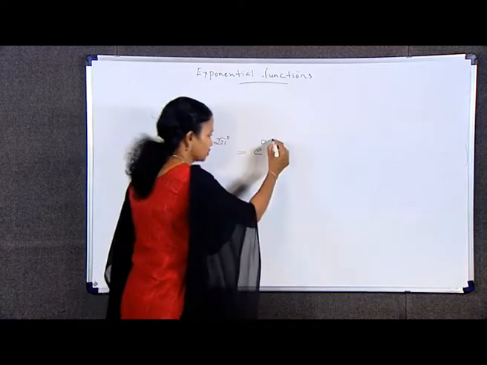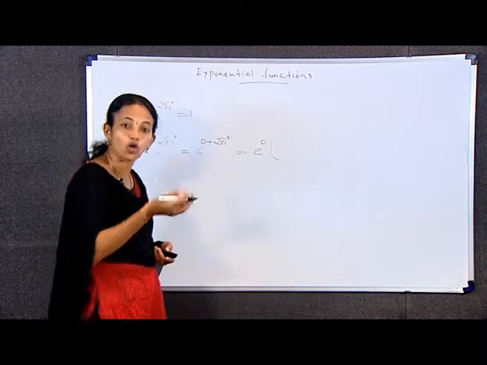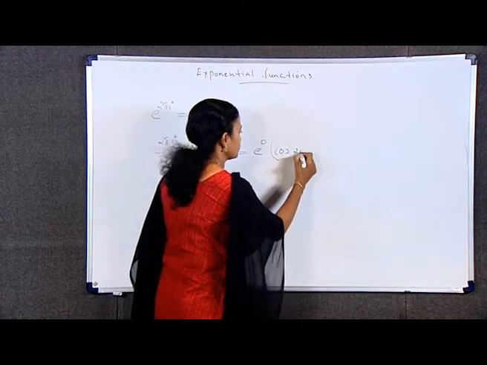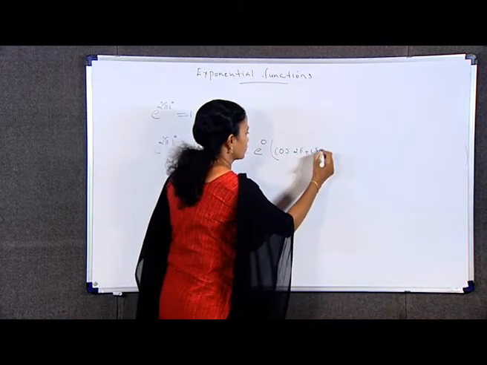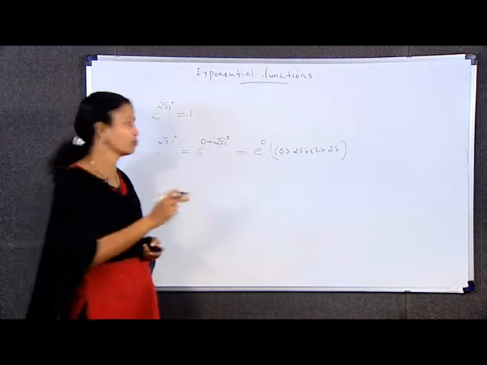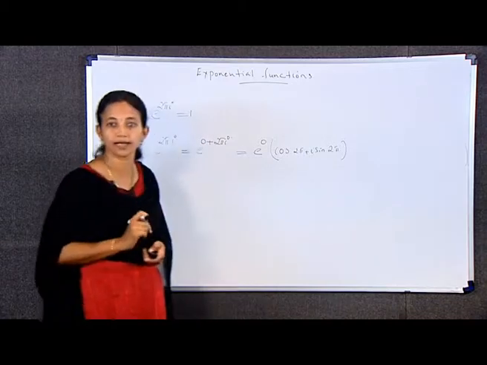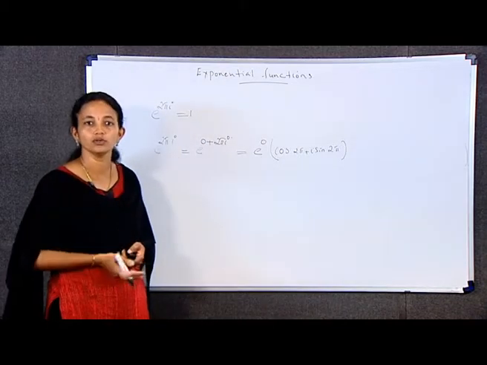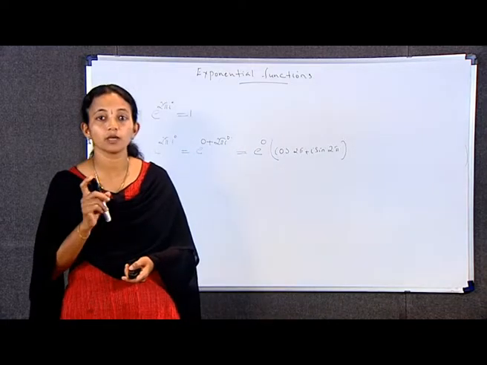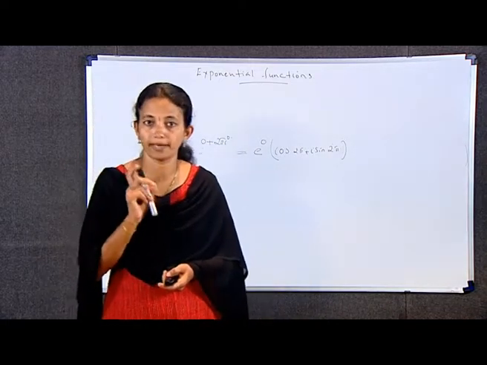So, we have cos 2 pi plus i sin 2 pi. And cos 2 pi is equal to 1 and sin 2 pi is equal to 0.